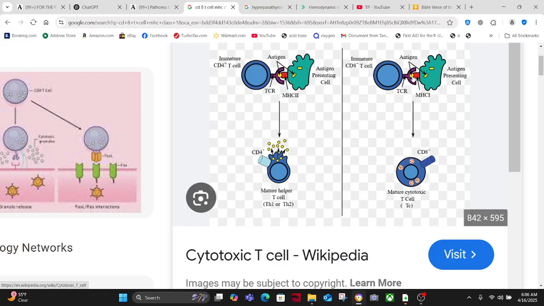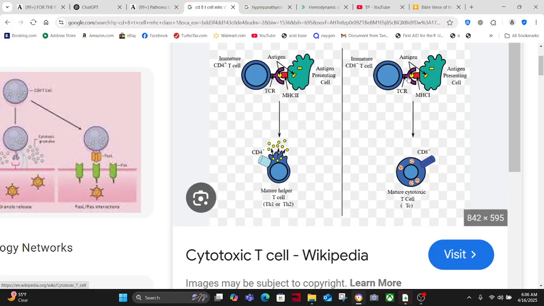Actually, it's not a microbe, it's a virus, because this is a CD8 positive T cell. It can even be cancer cells. CD4, I believe, deals with microbes, but CD8 positive deals with viruses.